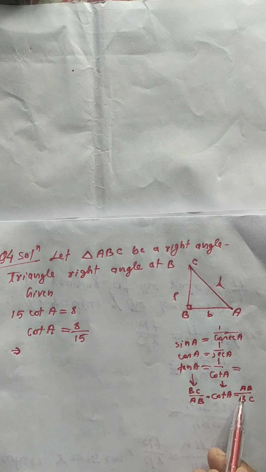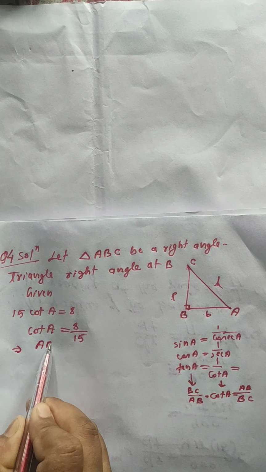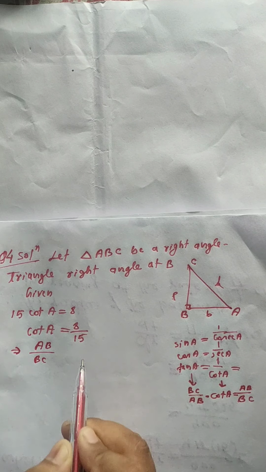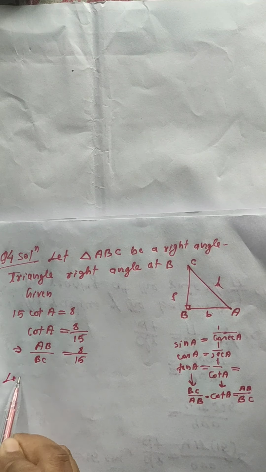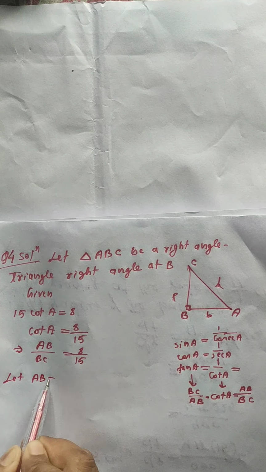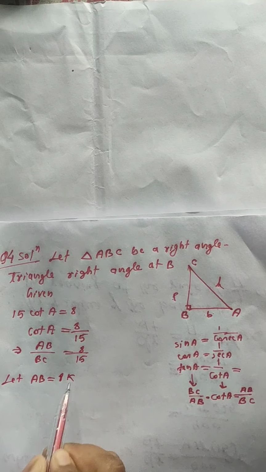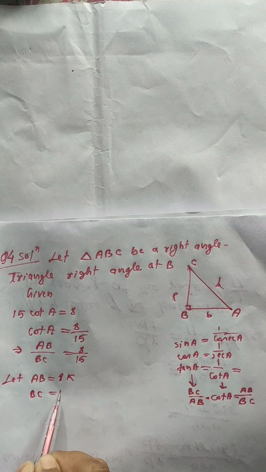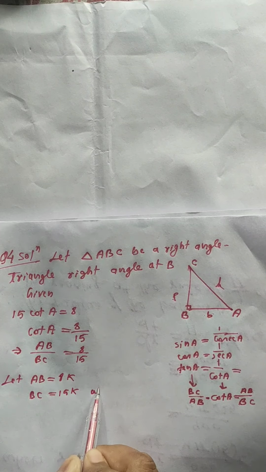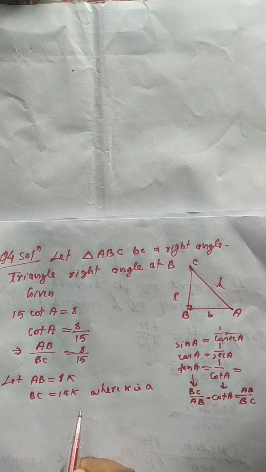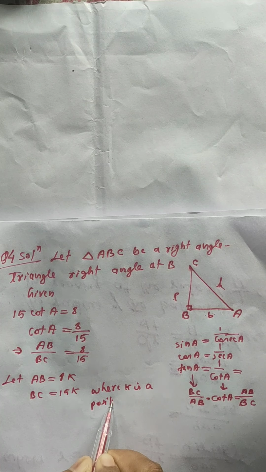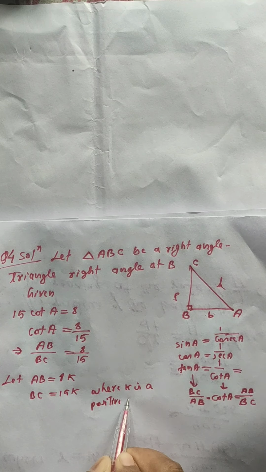Instead of cot A, we can write AB by BC, and it is 8 by 15. Now let AB equal 8k, BC equal 15k, where k is a positive number.